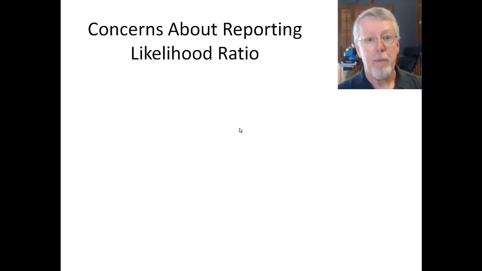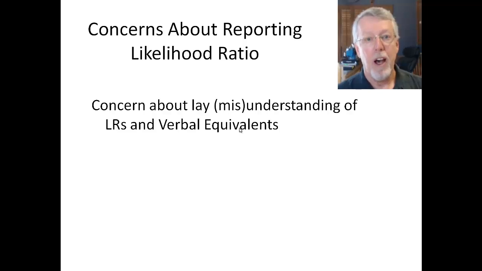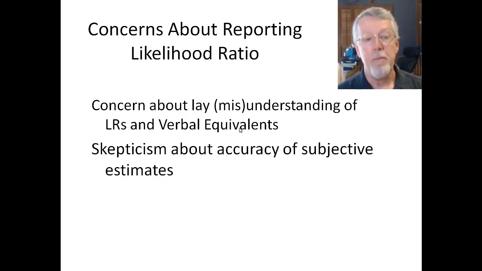There are concerns about reporting likelihood ratios. Whether lay people will understand them correctly and give the intended meaning is an issue that needs additional research. Some concerns about whether lay people can understand what likelihood ratios are and what they mean.